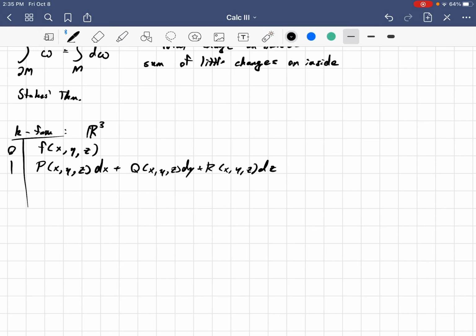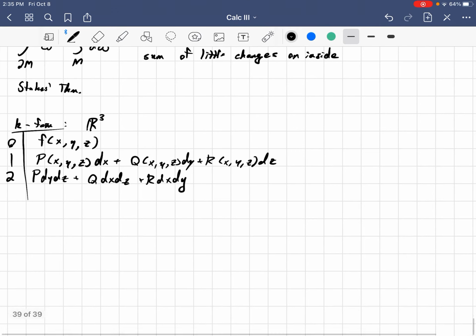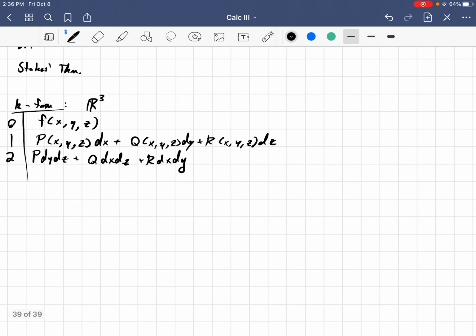Now, a 2-form would still have P, Q, and R, except now it's all possible ways to attach 2 differentials to them. So we would have P dy dz plus Q dx dz plus R dx dy. This is just the form of a 2-form in R3.